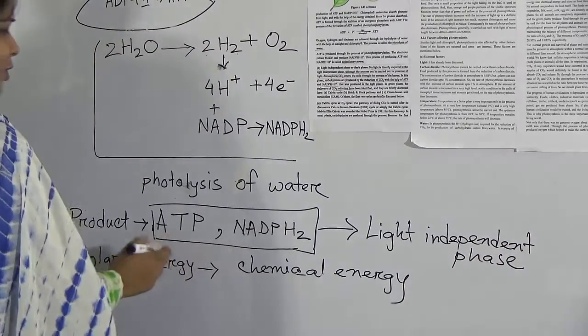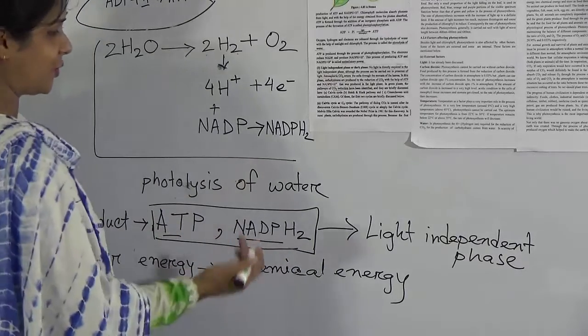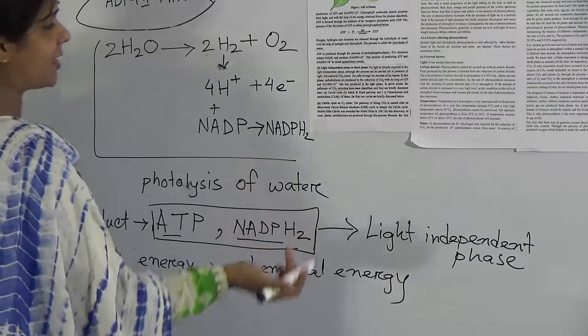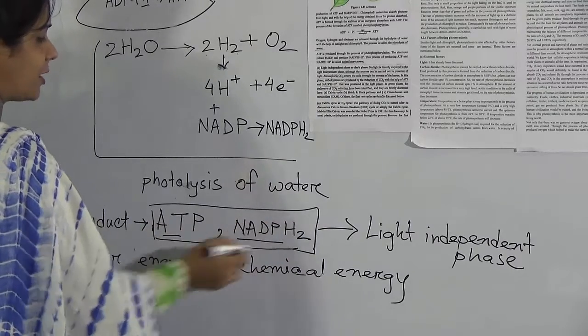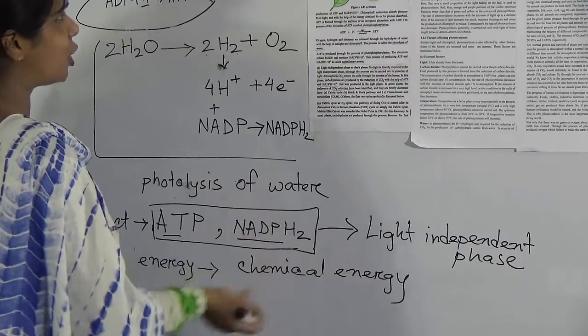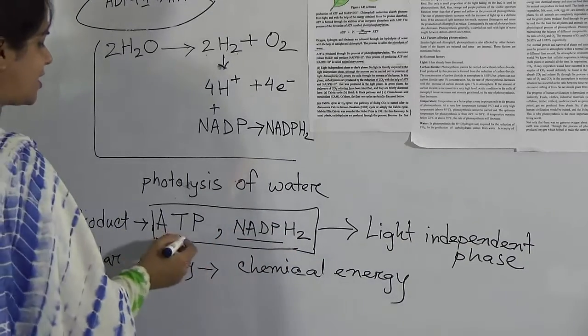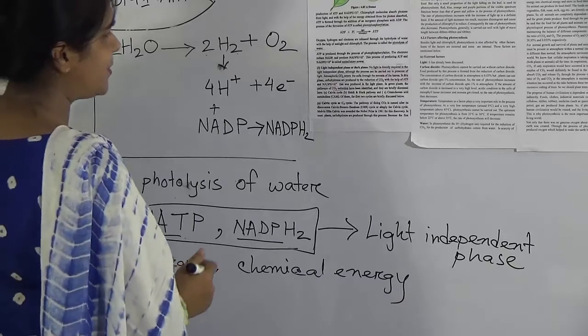That means we produce the chemical energy here, but we will use this chemical energy again in the light independent phase. That portion of chemical energy is absorbed in the procedure of photosynthesis. That's why these two are known as assimilatory power.